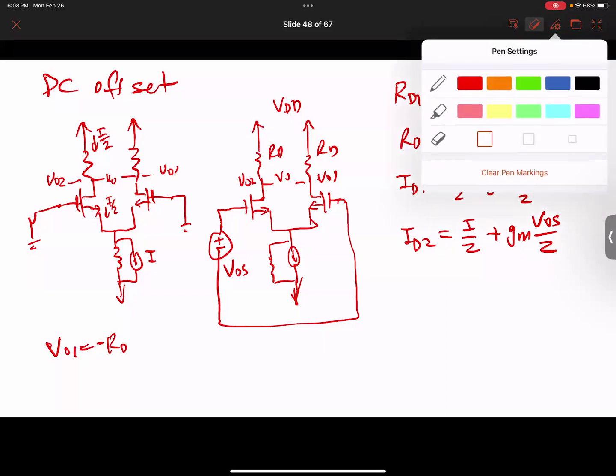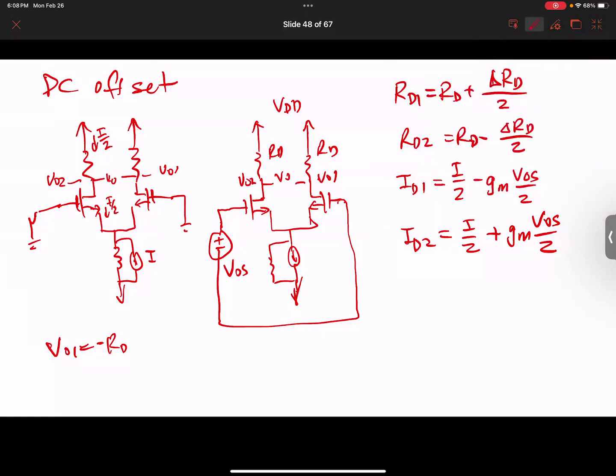It's going to be VO1 equal to VDD minus RD1 times ID1, and VO2 equal to VDD minus RD2 times ID2. Now we can plug in all these numbers to get the actual number.